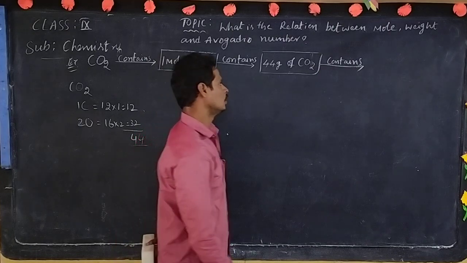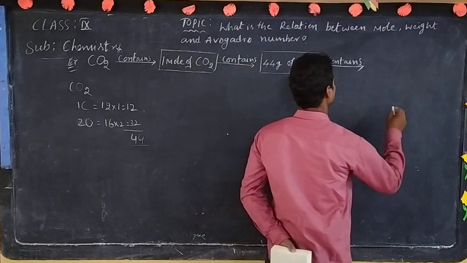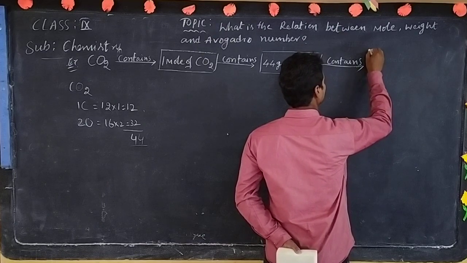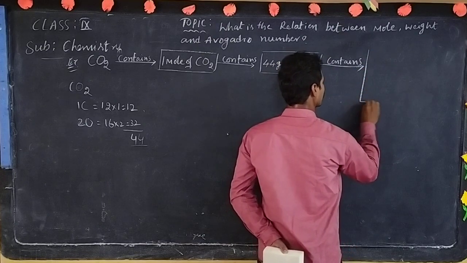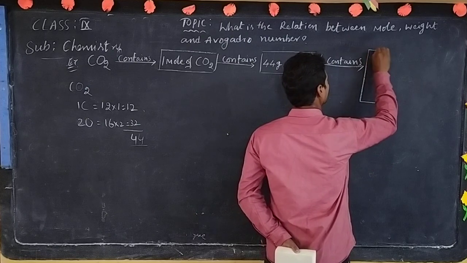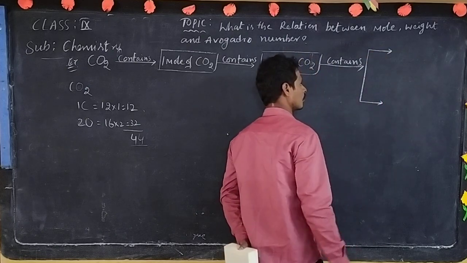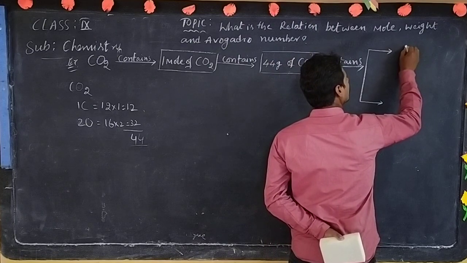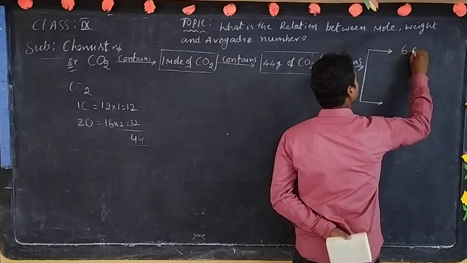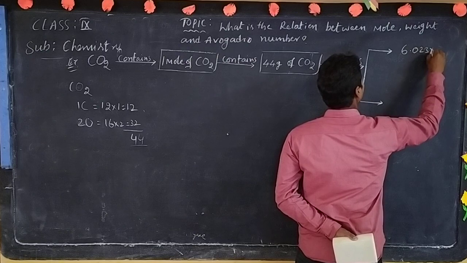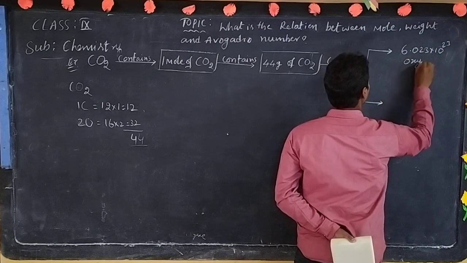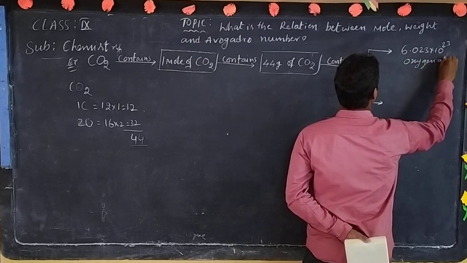That's why we should write 2 into (6.023 into 10 to the power 23) oxygen atoms.